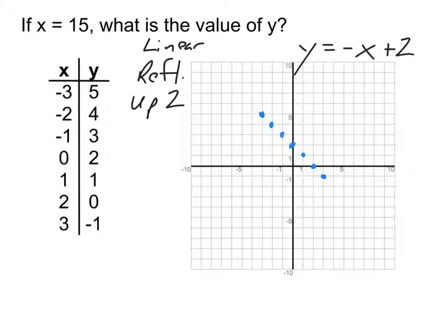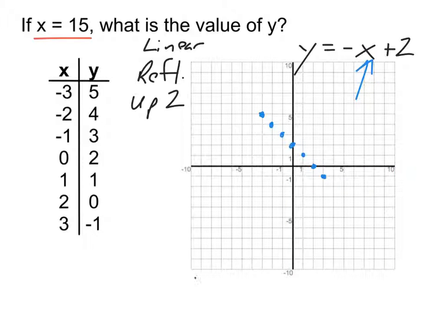Now this question didn't ask you to write the equation though, did it? But by writing the equation, we now can actually figure out what happens if x equals 15 without having to go over to my table and just count a whole bunch of times, which by the way can lead you into trouble if you miscount, because that's all you're doing is just counting. Alright, so I'm now going to take the 15 and plug it in for x.